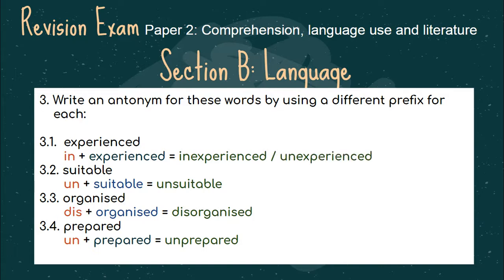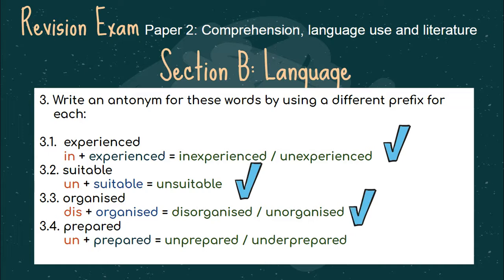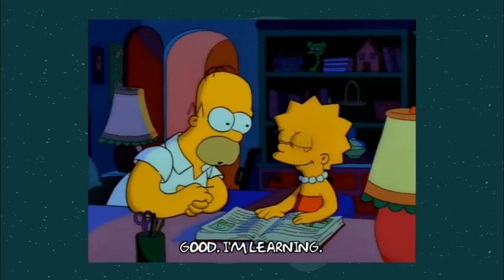Those are the most commonly used ones, but you could have also said unexperienced, that's also a word. And you could have said unorganized. And prepared, you could have also said underprepared. Right. Can you see that sometimes the prefix is just a few letters and other times it's a whole word, such as underprepared? Right. So you can give yourself a mark for mentioning any of those words. Good.